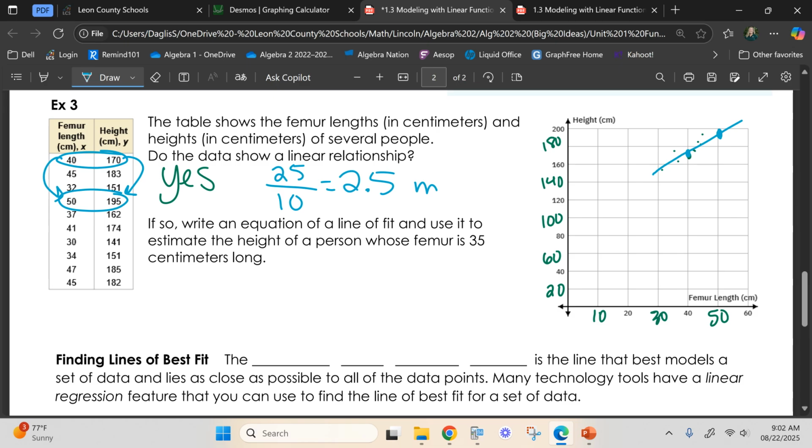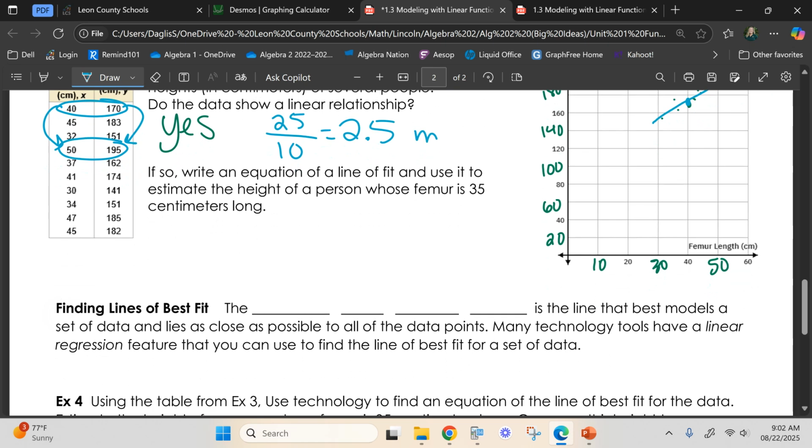Now I have a slope and I have 2 points. Let's use them to do point slope form again. Which one do you want to use? The 40, 170 or the 50, 195? Okay. So y minus y1 equals my slope times x minus x1, like that.